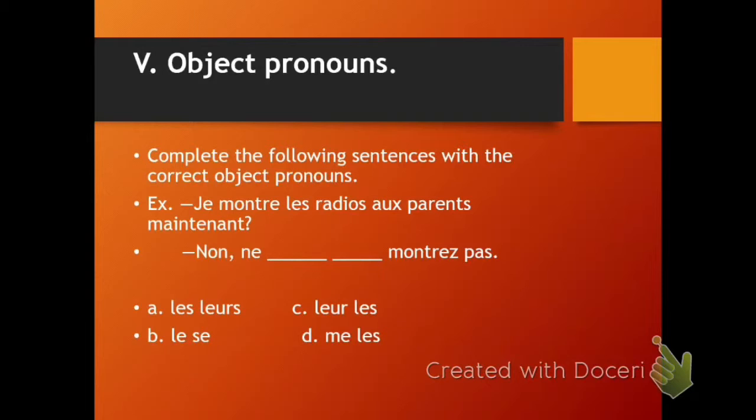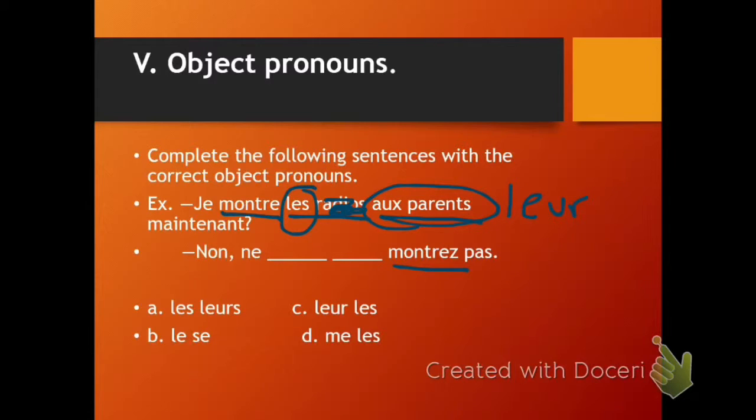Now, when we look at our sentence, we have to identify what it is we're talking about. So we're talking about les radios, and we're talking about aux parents. We're going to be montrer, showing them. So we know that we're going to replace it with les, and because we have parents, more than one person, it's going to be leur.